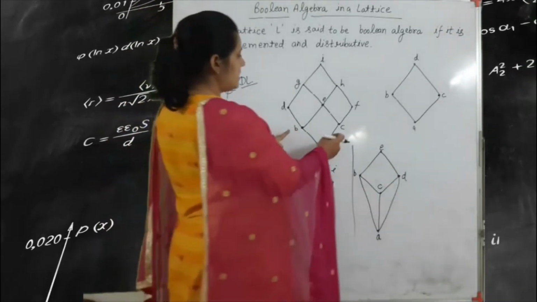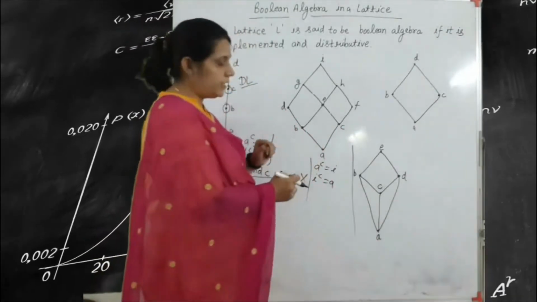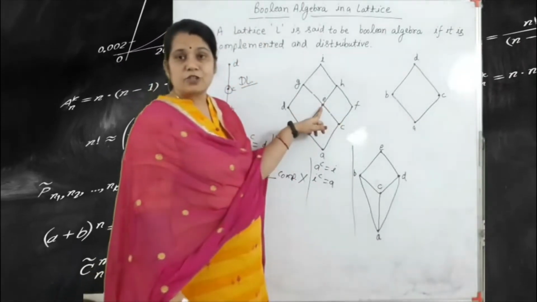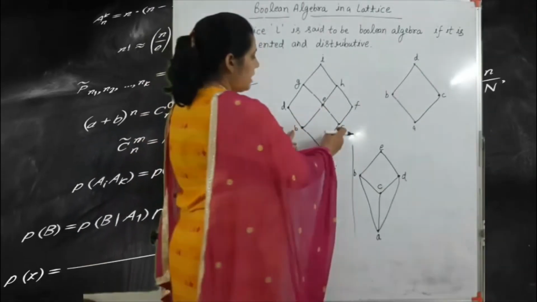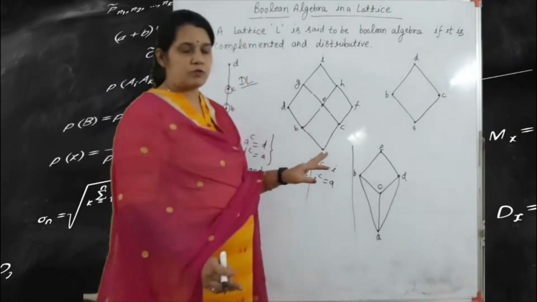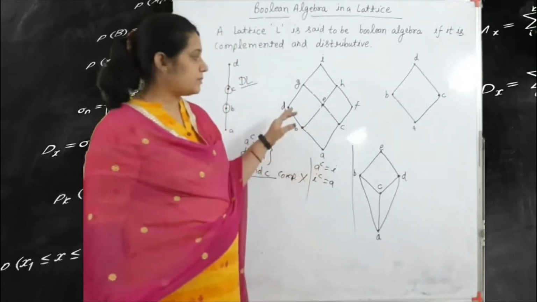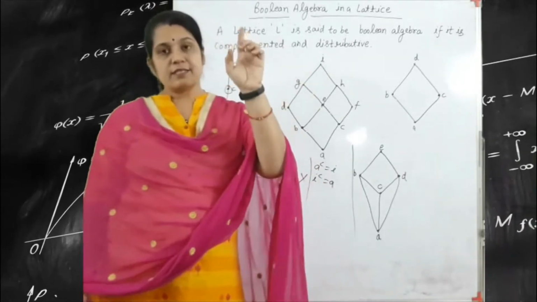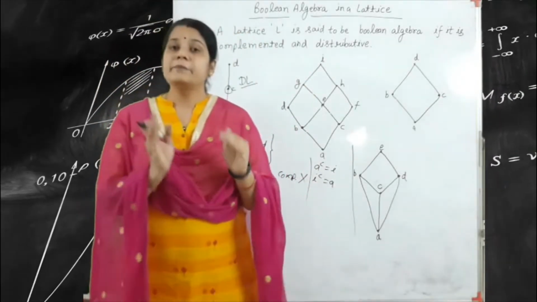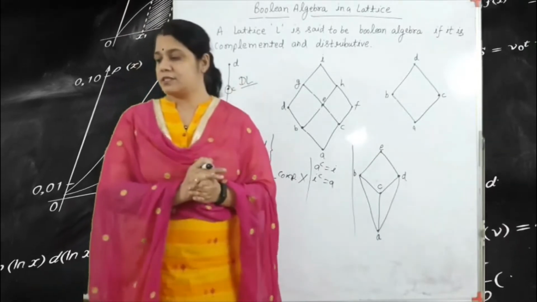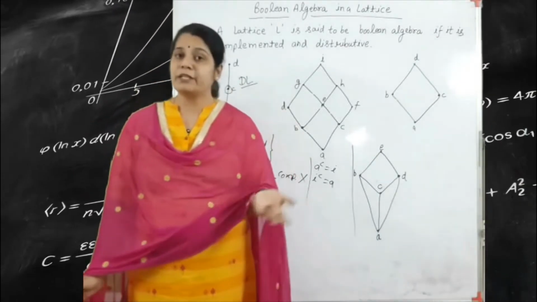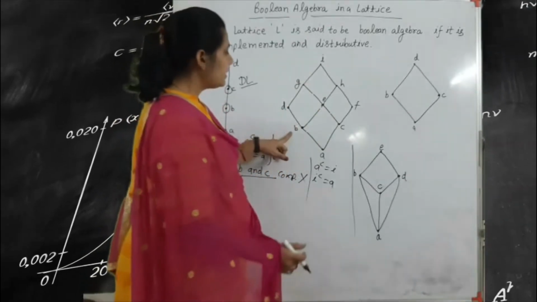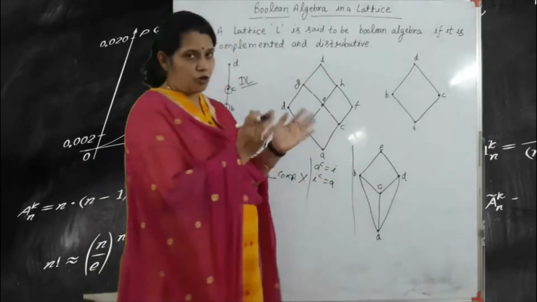If we consider B and C, according to B and C, the first join is E. So this is not the top of the system, and the first meet is A. No doubt this is the bottom of the system, but according to complement, the join must be the top of the system and the meet the bottom of the system. Then we can say the two elements are complements of each other. So here D and C are not complements of each other.